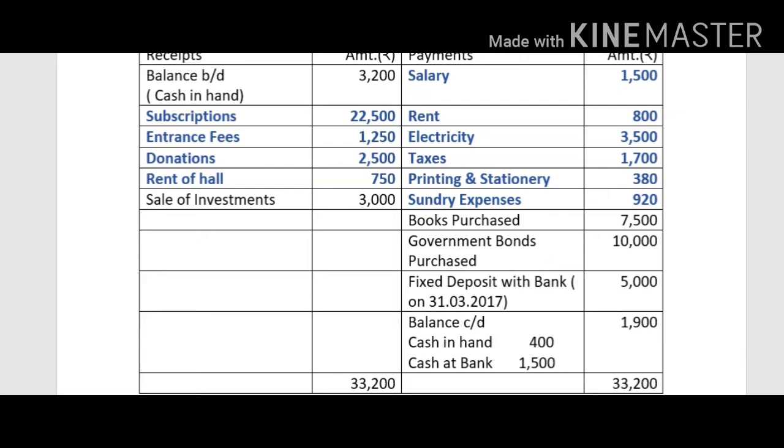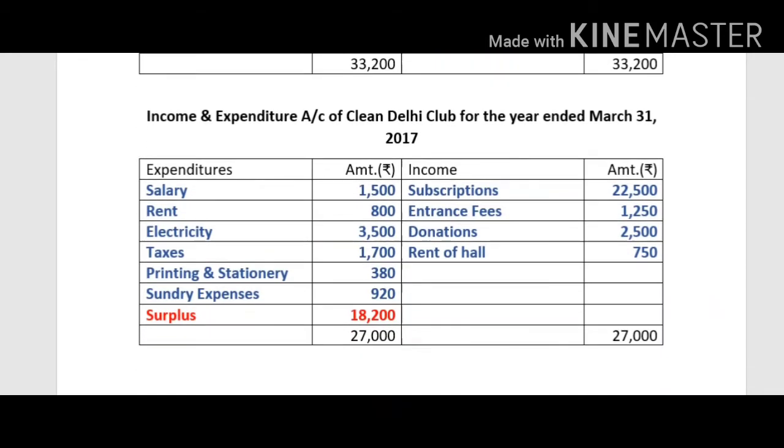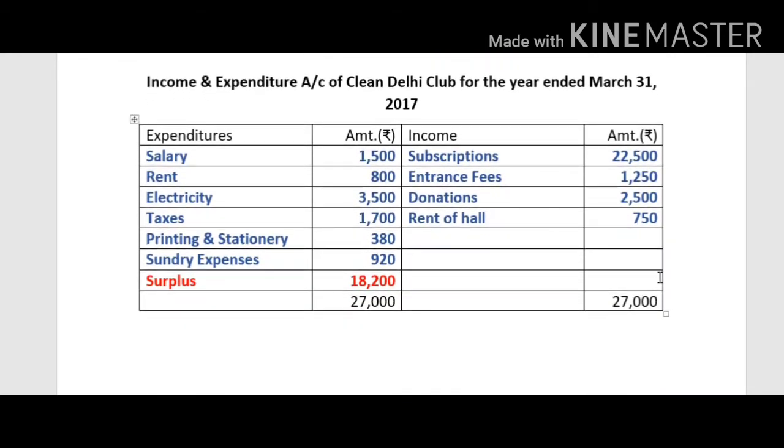And the income and expenditure account will be like this. First you will write down income and expenditure account of the name of the club, for the year ended 31st March 2017. On the debit side, you will show expenditures. On the credit side, you will show all the incomes.